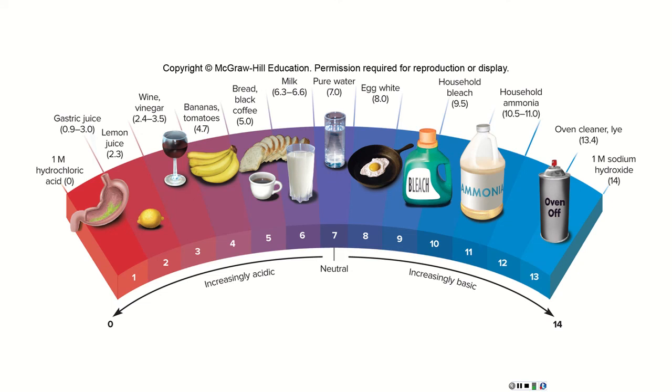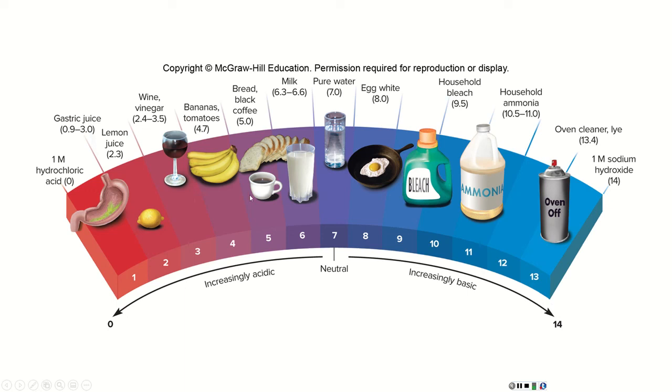So what is pH? Well, pH is just a measurement of proton concentration. And here is from your book, the way that they show the pH chart. Here we see 0 going up to 14 and a couple of examples along the way.